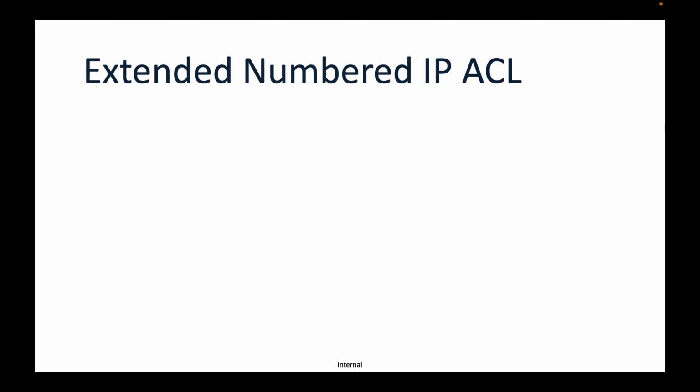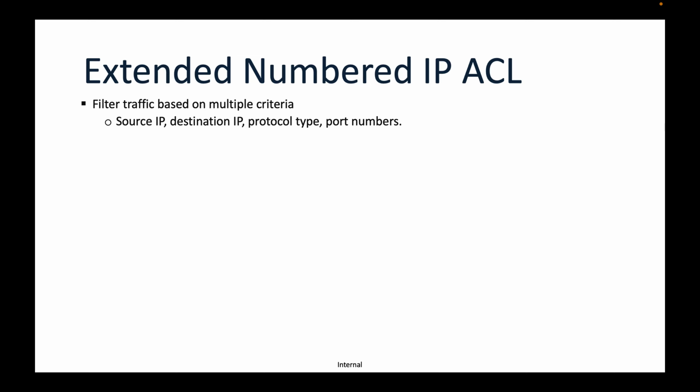Let's move on to another access list called extended numbered IP ACL. Extended ACL filters traffic based on multiple criteria such as source IP address, destination IP address, protocol type, and port numbers. It uses numbers from the range of 100 to 199 and 2000 to 2699.